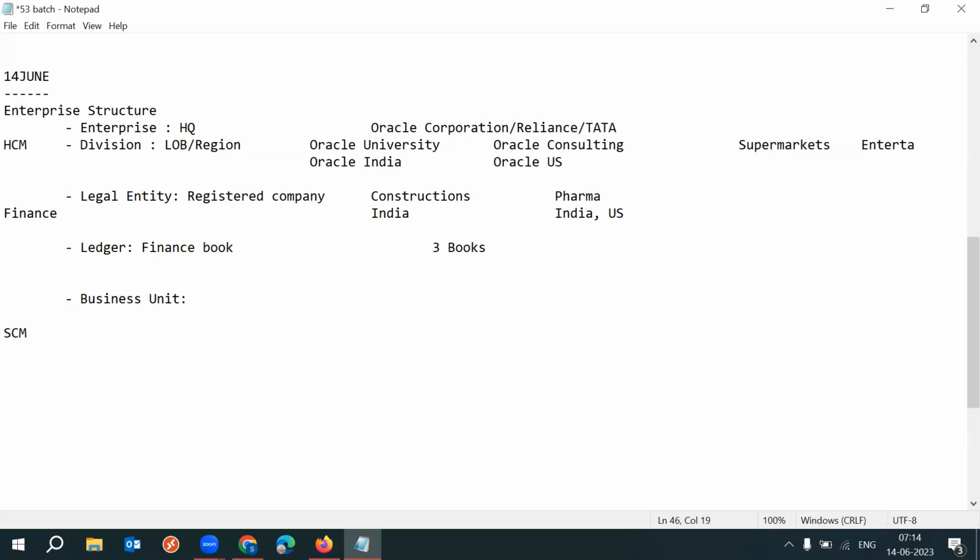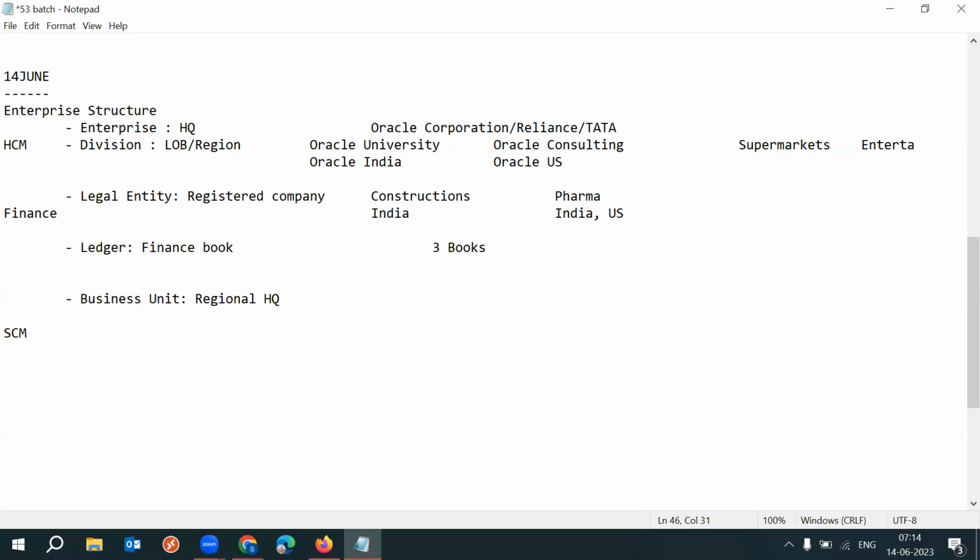Coming to the business unit, you can call it a regional headquarter, or a country headquarter. Better to call it a regional headquarter only.